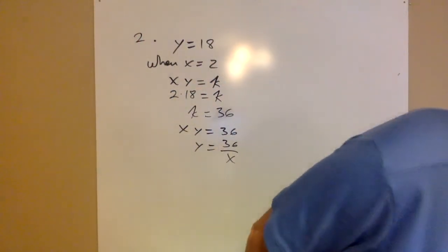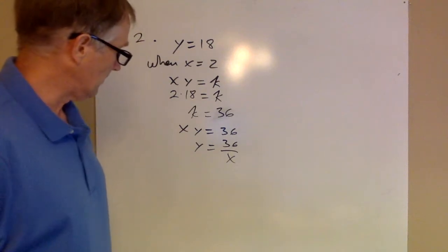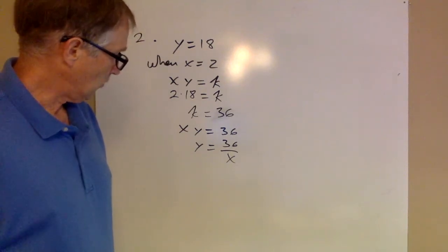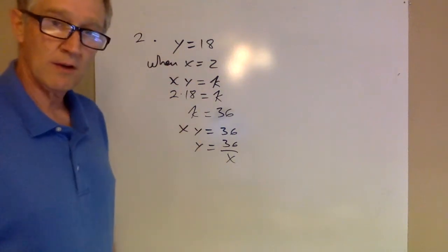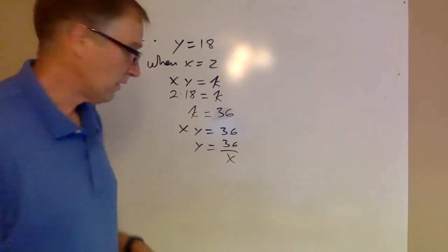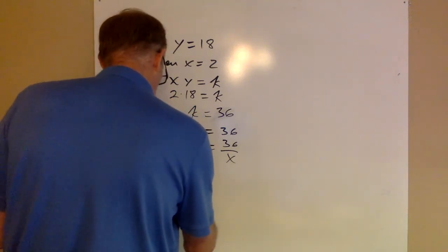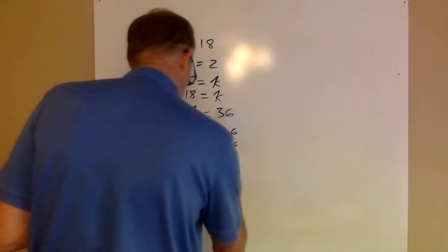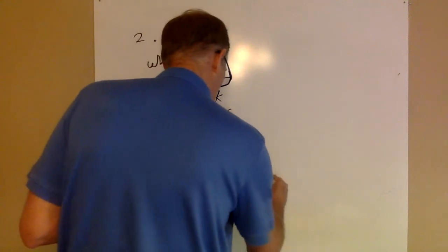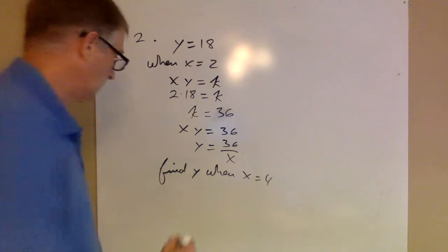So if I wanted to figure out, based on this data right here, what's the value of y when x equals 4? Now that we have an equation, that's fairly simple.